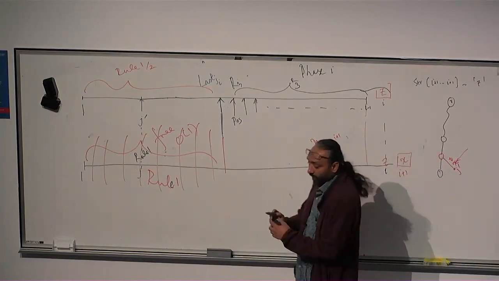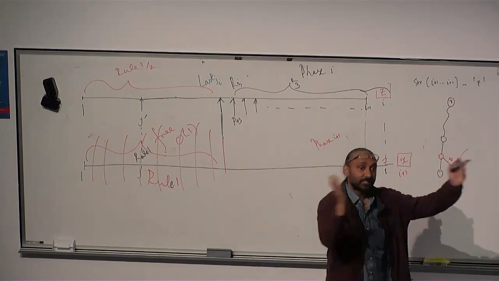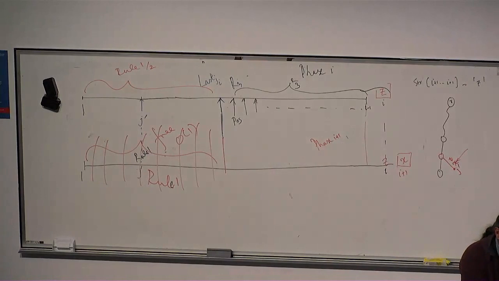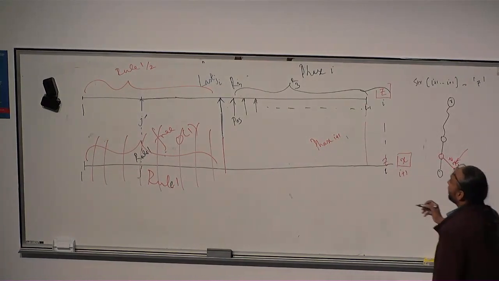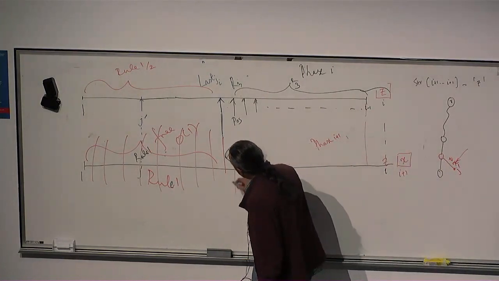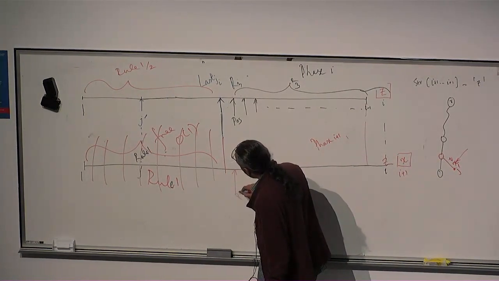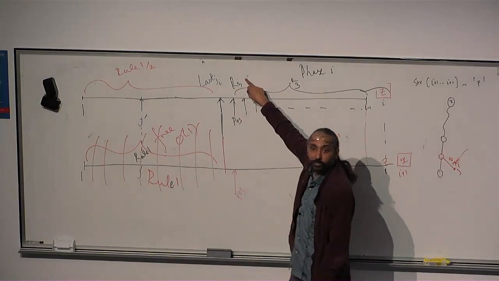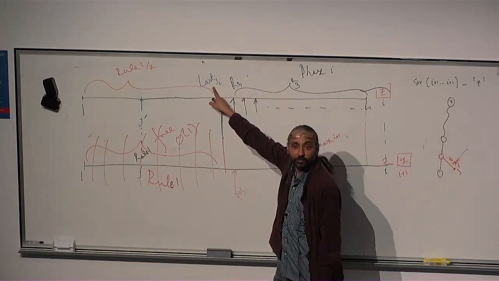So where do I pick up the extension? Instead of starting from 1, where do I pick up the extensions from? I pick up my extensions from whatever the position where I first saw rule 3, which is 1 after that position. Okay?